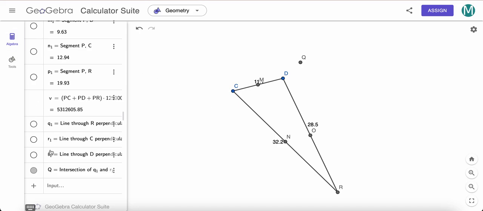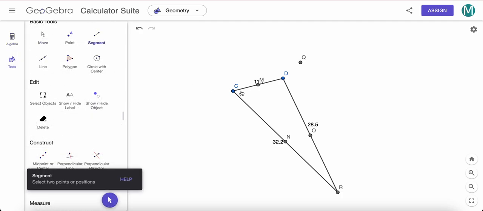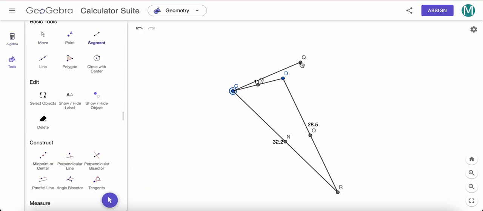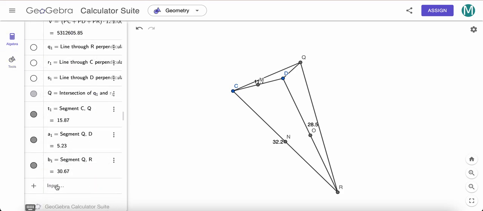So here we can also calculate. Let's draw the lines from C to Q, Q to D, and Q to R. We are going to construct new highways. So QC plus QD plus QR.